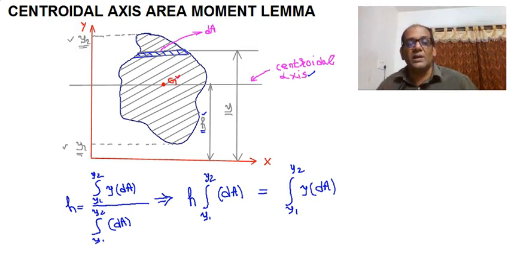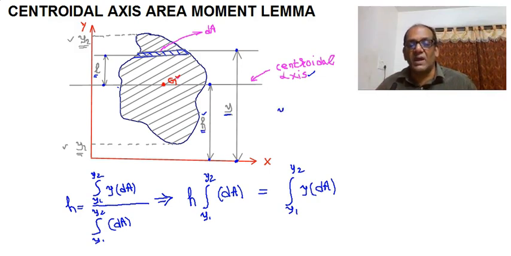We'll denote the height of this elemental area dA above the centroidal axis as the symbol L. With this notation, the y coordinate is the sum of two quantities, one from here to here and then from here to here.